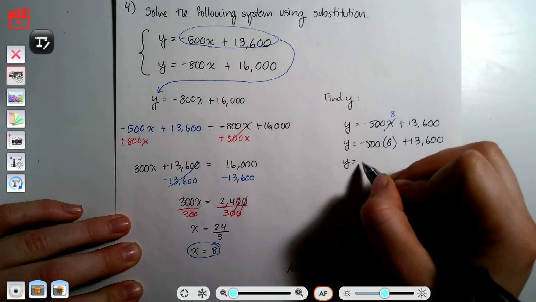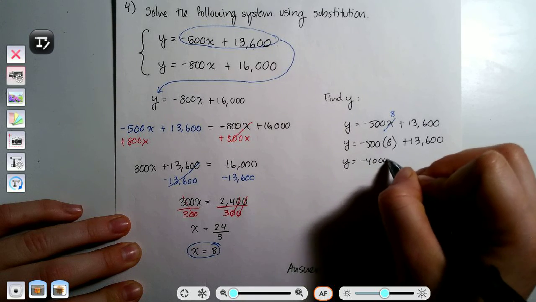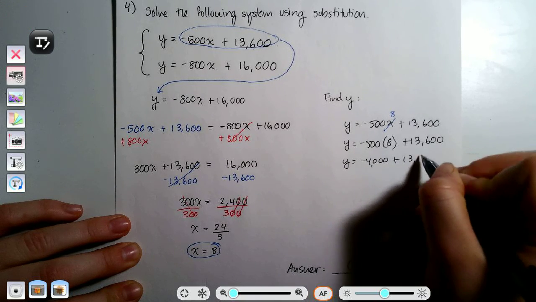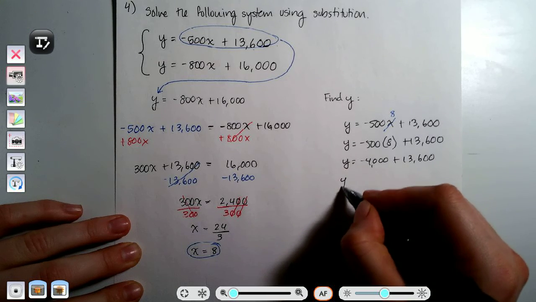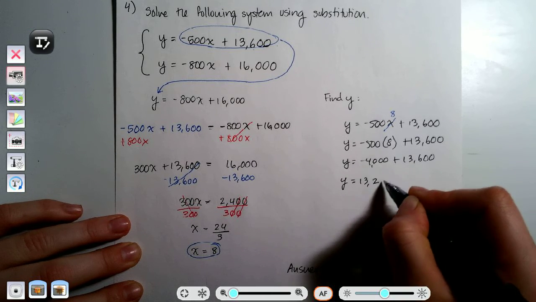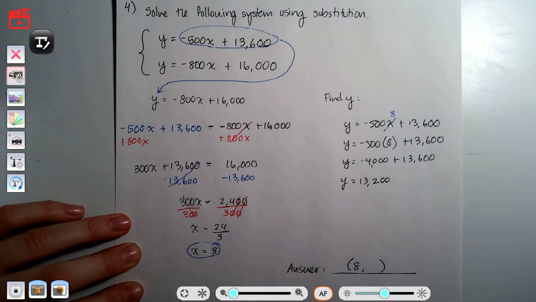Tack on 2 more zeros, so we have negative 4,000 plus 13,600. And adding that together, we have y equals, that should be 13,200. All right, and so that is the y value of our coordinate.